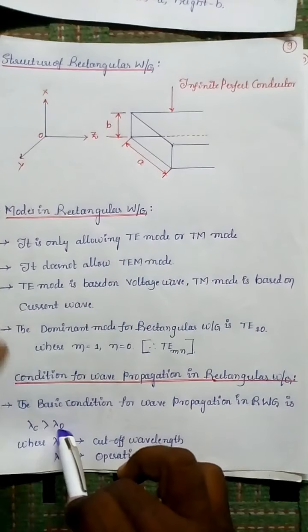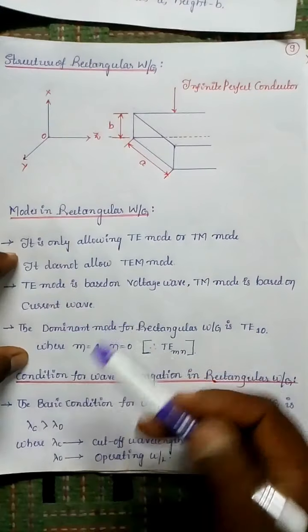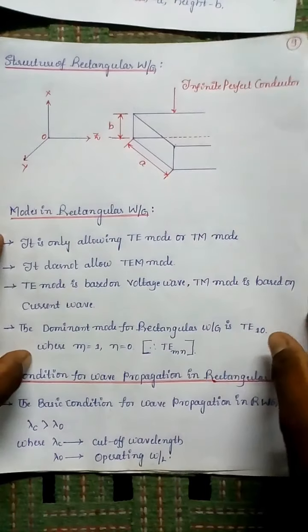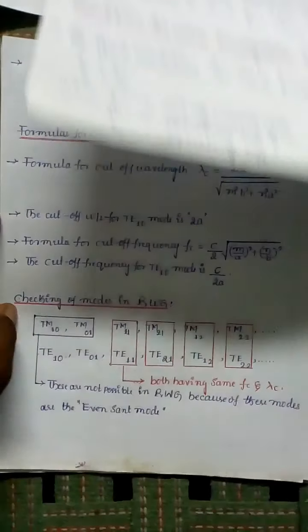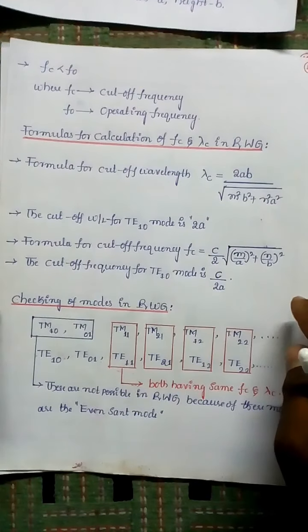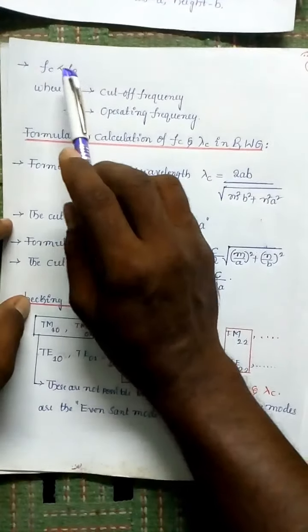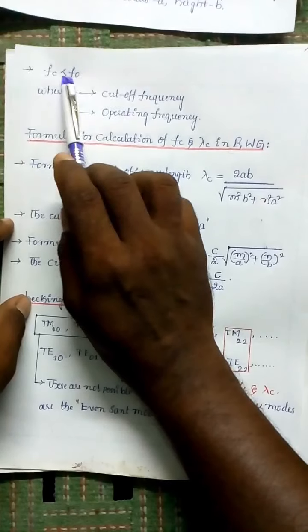This is regarding wavelength. This expression can also be written in terms of frequency. The condition for wave propagation in a rectangular waveguide in the form of frequency is Fc is less than F naught.